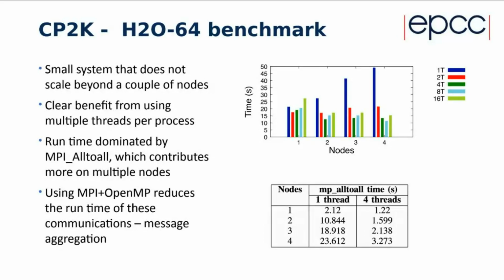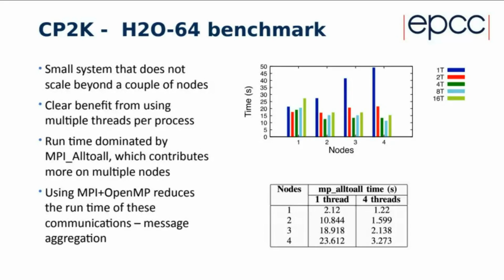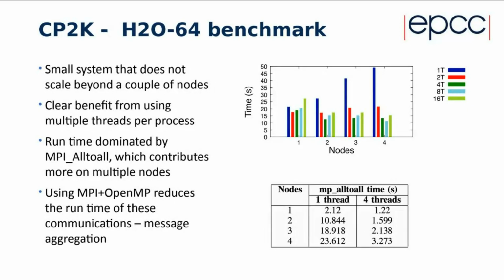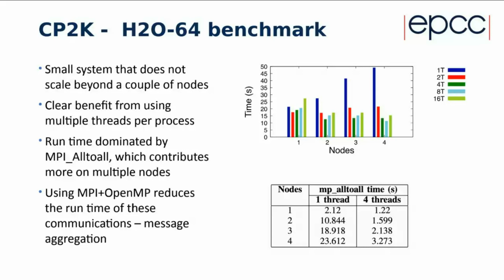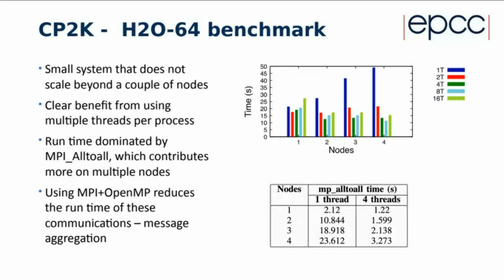And you can see as you start to use more and more nodes, the runtime blows up massively. But on 4 threads, this effect is a lot reduced. And then comparing one node, even on one node, the runtime of MPI all-to-all is a lot faster on 4 threads. So this really dominates this calculation.